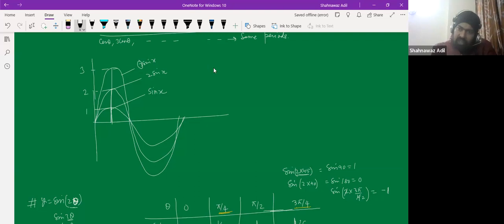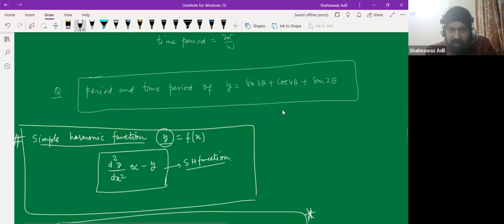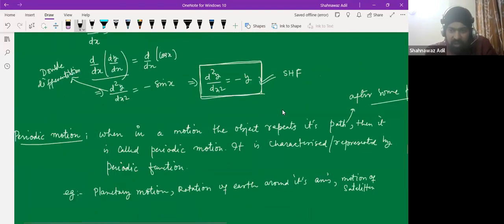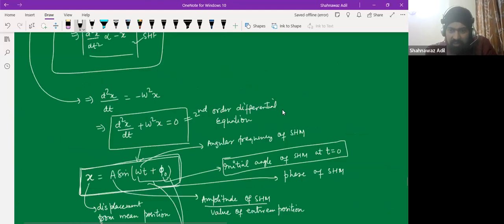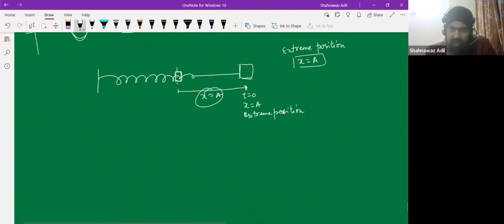And if it is a sin x, whatever this angle is, then the extreme value would be some a. This is what we have to remember. So at extreme position, the displacement would be a. Okay, remembering that, so this is the condition.